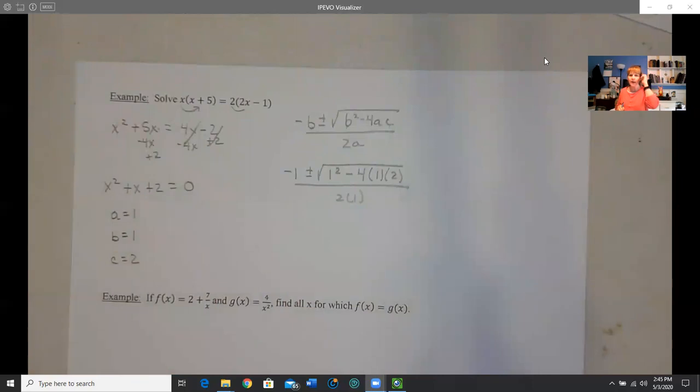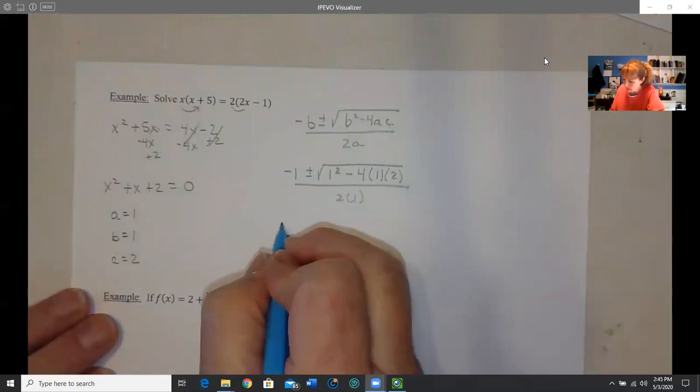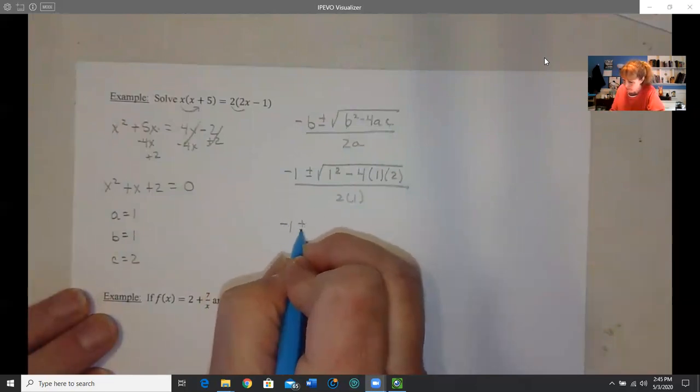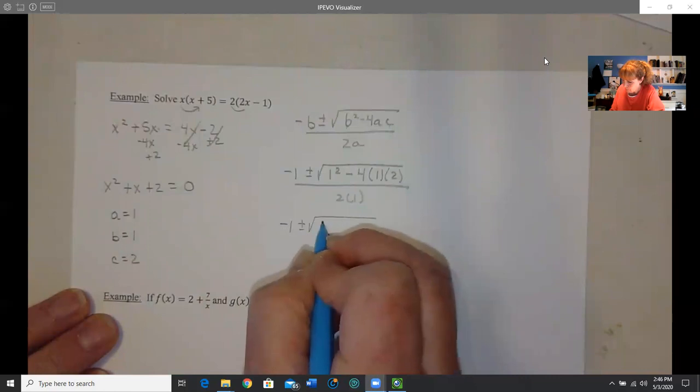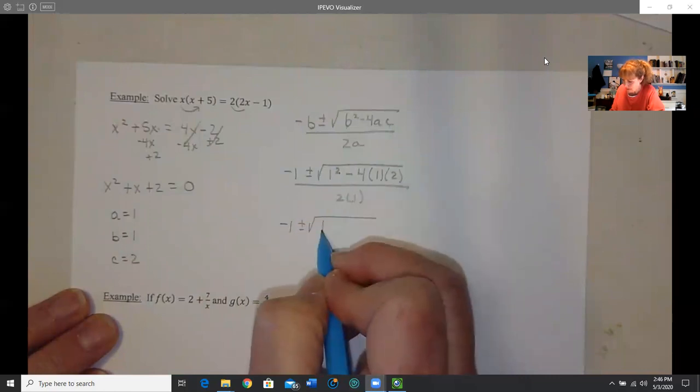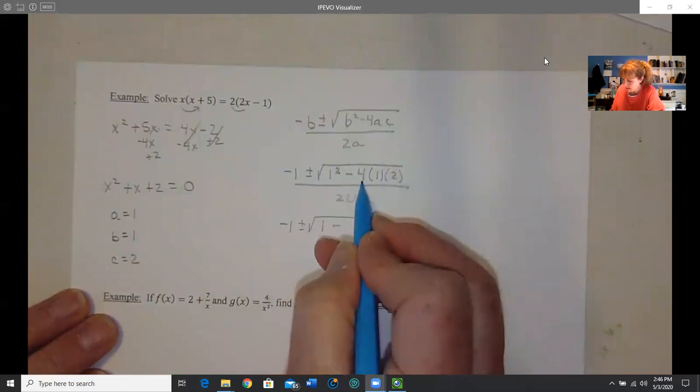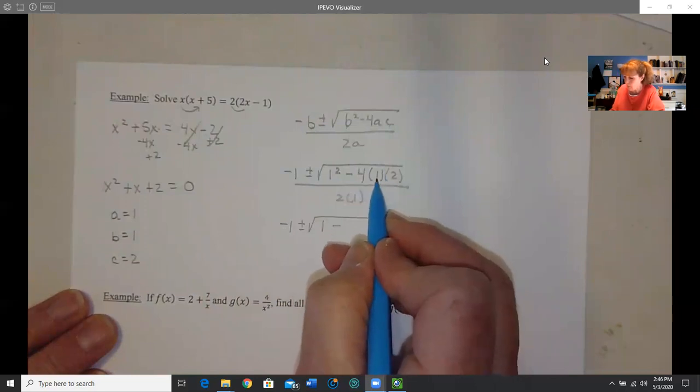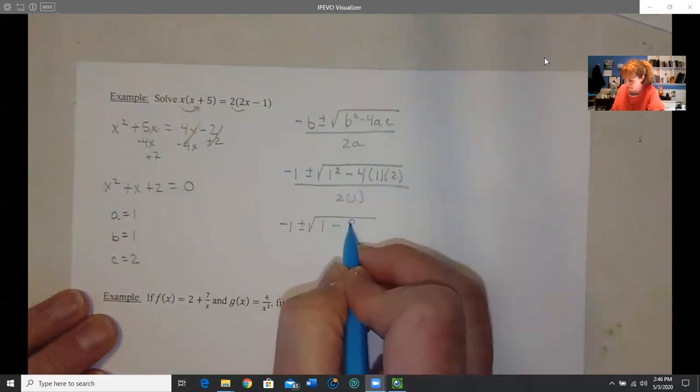Okay, so now I'm going to figure out what's inside that radical: 1 squared minus 4 times 1 times 2. 1 squared is 1. A negative 4 times 1 is 4, times 2 is 8.